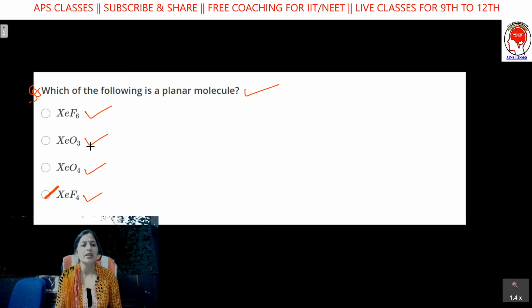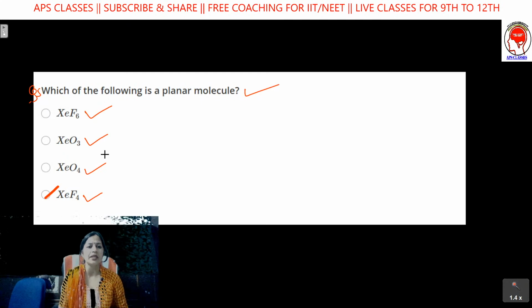Xenon hexafluoride, xenon trioxide, xenon tetroxide and xenon tetrafluoride. Out of the following, which has a planar molecule? Your options are xenon hexafluoride, xenon trioxide, xenon tetroxide and the last one is xenon tetrafluoride.